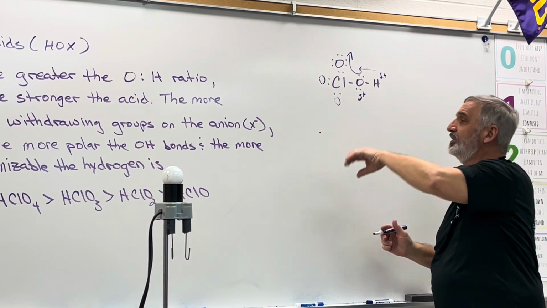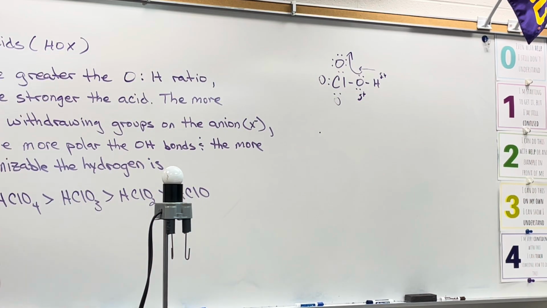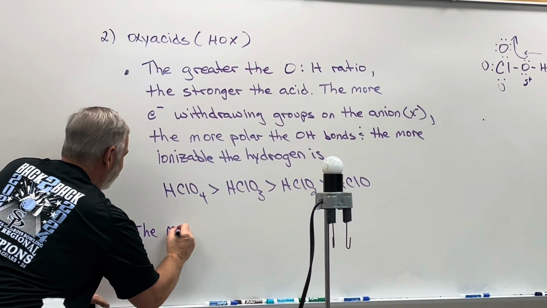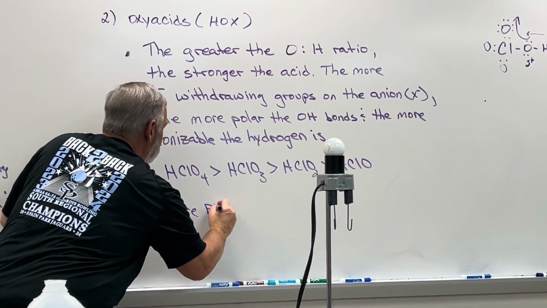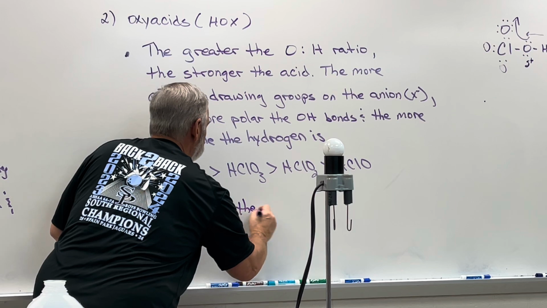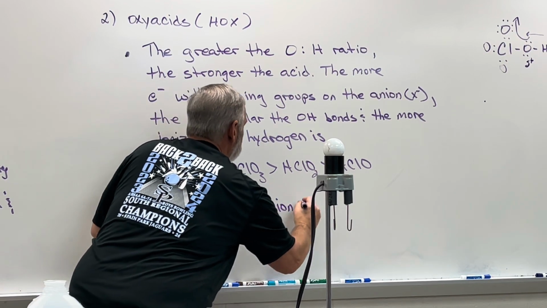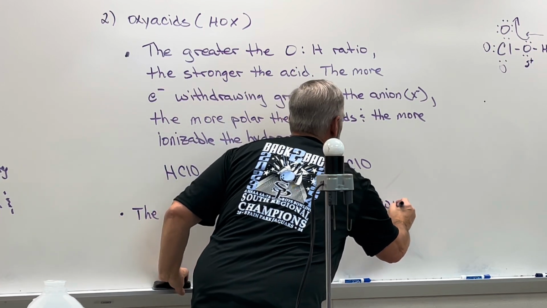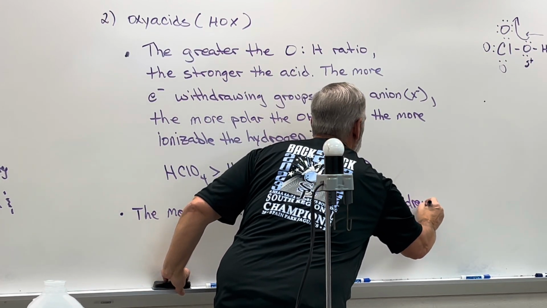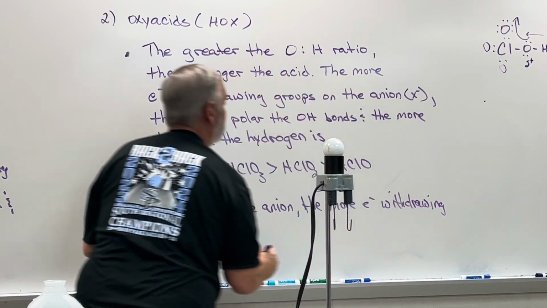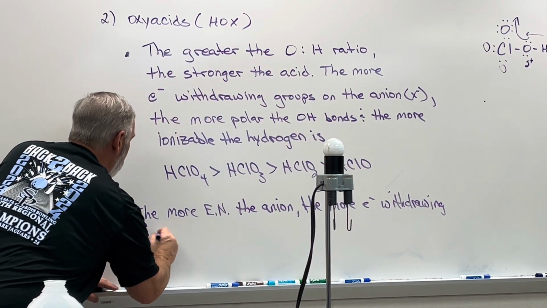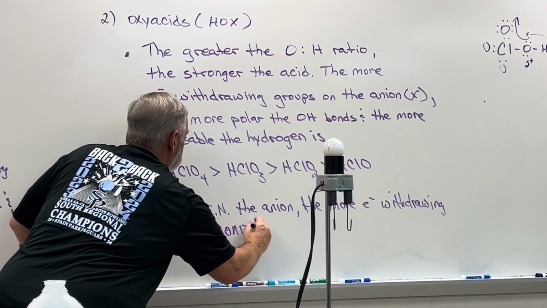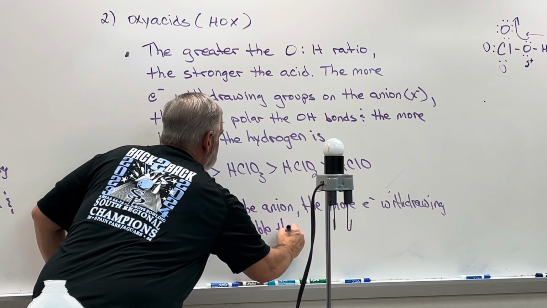The more electronegative the anion, the more electron withdrawing, and the more ionizable the hydrogen is.